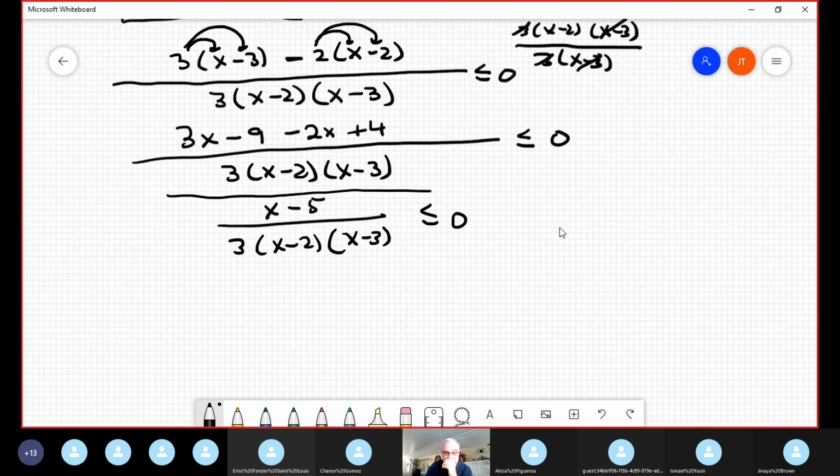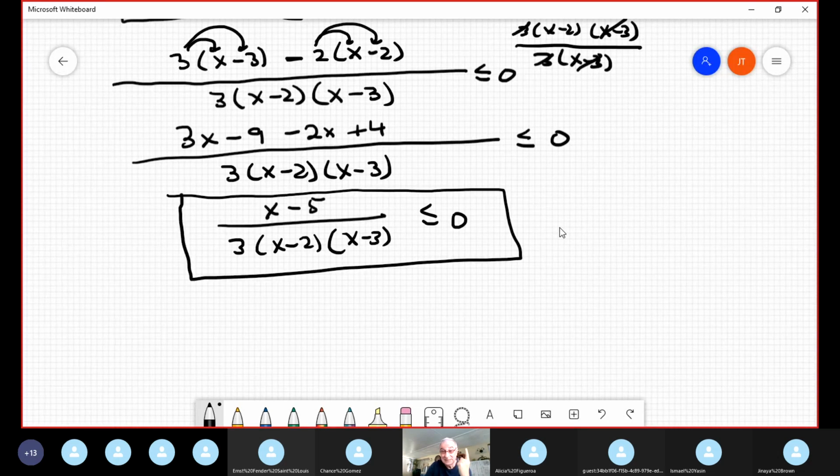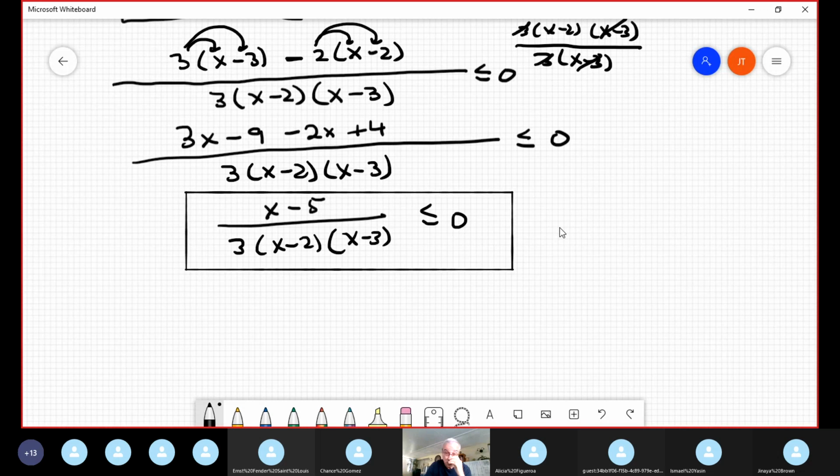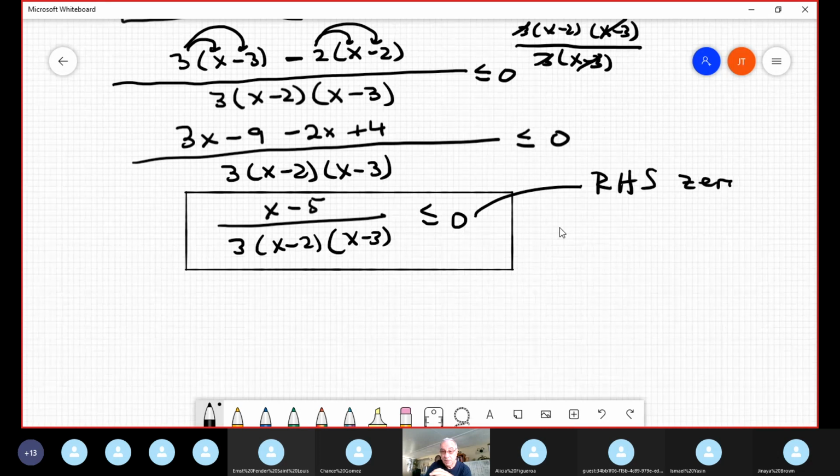And this is the new expression, which is equivalent, it's the same, but you manipulate algebraically to make it easy. The right-hand side is 0, and we express everything on the left like only one fraction, not two. So this problem is very, very similar to the previous problem we are doing.